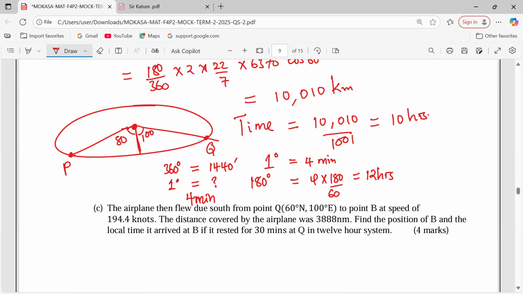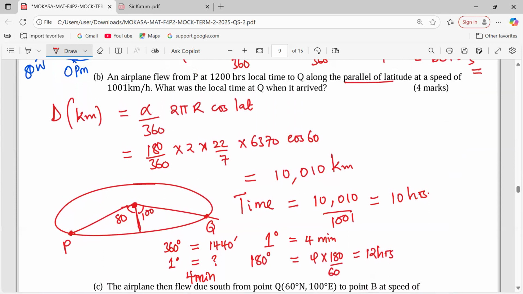And now the point here is, point Q is ahead in time.